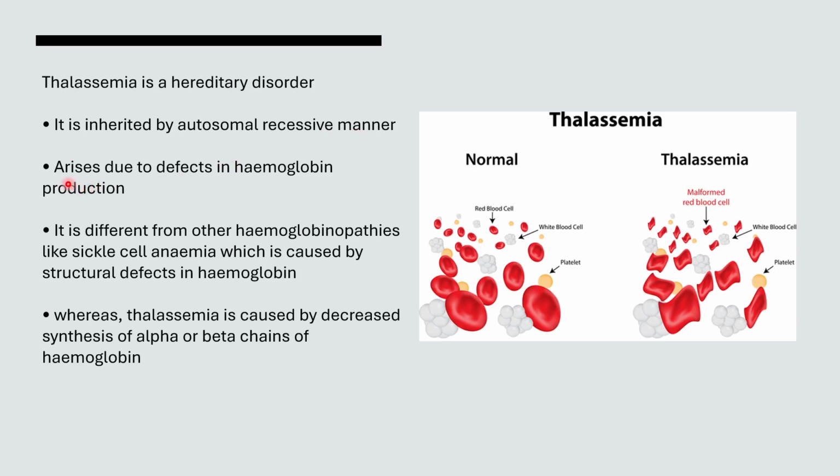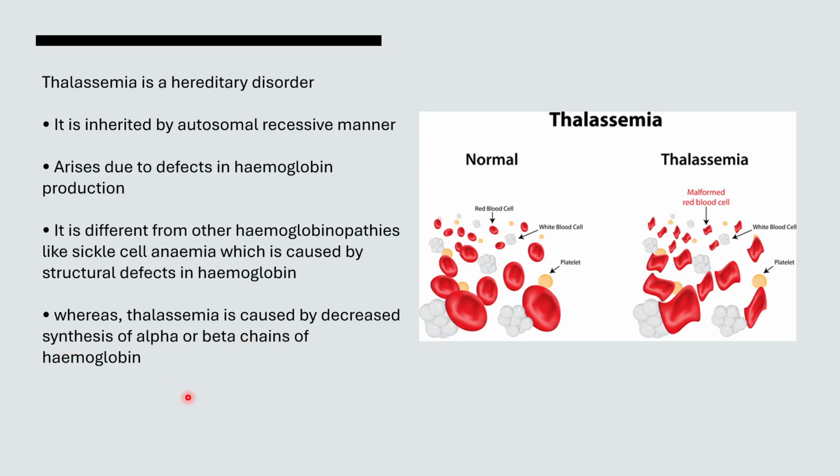It arises due to defects in hemoglobin production, and it is different from other hemoglobinopathies like sickle cell anemia, where the RBC becomes sickle-shaped and it is caused by structural defects in hemoglobin. Whereas thalassemia is caused by decreased synthesis of alpha or beta chains of hemoglobin.